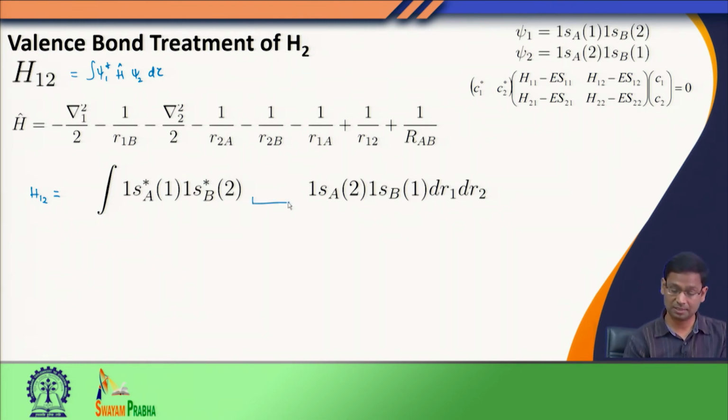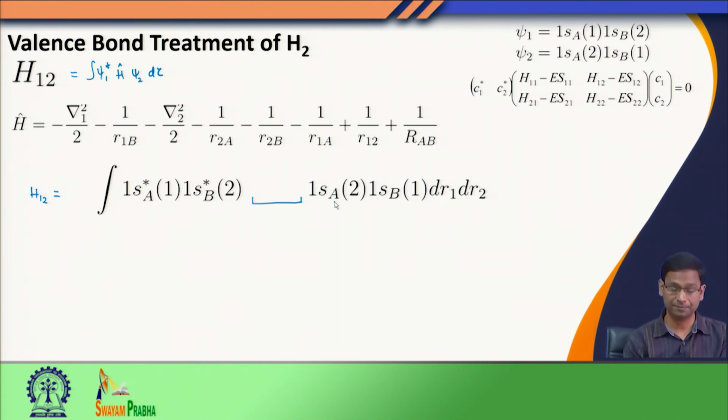Now, the place that I have left here is for the Hamiltonian, but one thing you notice here, as we saw in the previous case, the operators that we are writing here are first applied to the function that is on the right hand side. So, therefore, I must look at the functions that are there on the right hand side. When I look, I see that because this is psi 2, electron 2 is with nucleus A, electron 1 is with nucleus B. When I look at this 1s_A(2), I see that this will be an eigenfunction of a hydrogen atom, but what would be the nucleus?